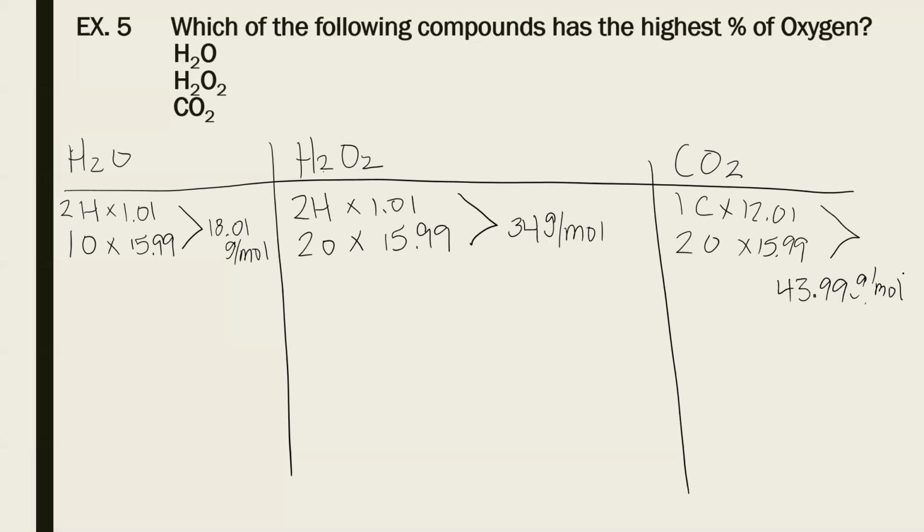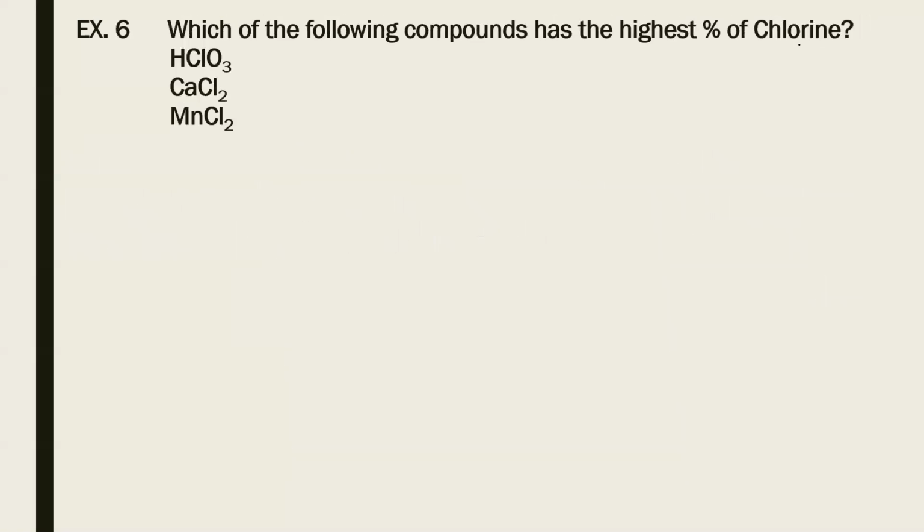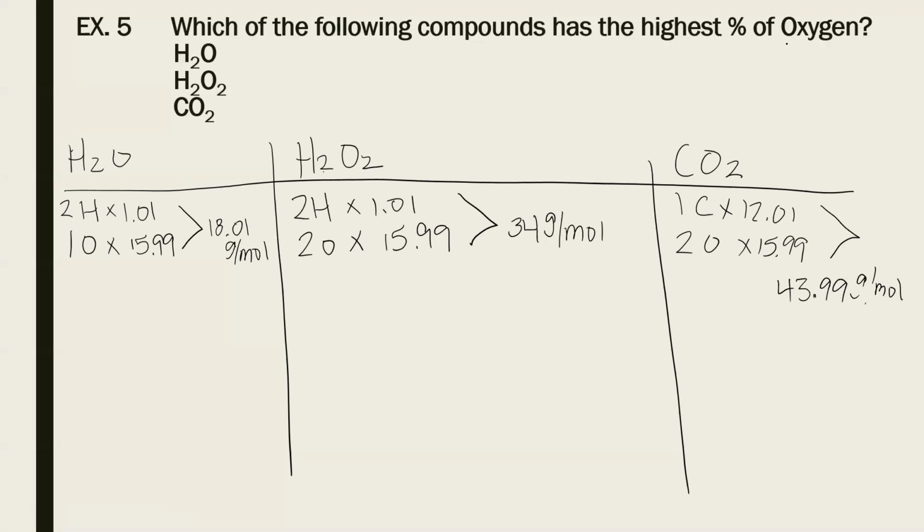Going back to the problem, I only want to know the highest percent of oxygen. So when I'm doing the percent composition work, I only need to look at oxygen. So it looks like you're doing 3 full problems, but you're really only looking at the oxygen.